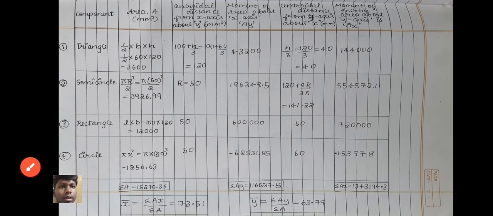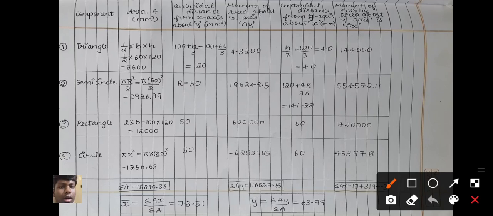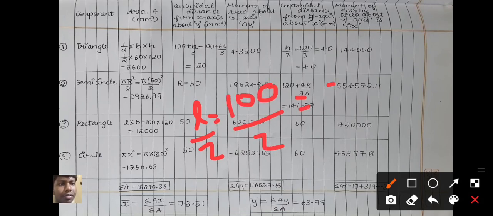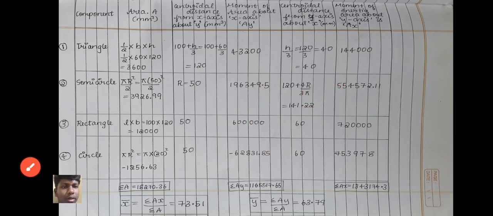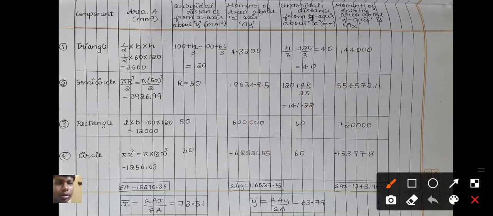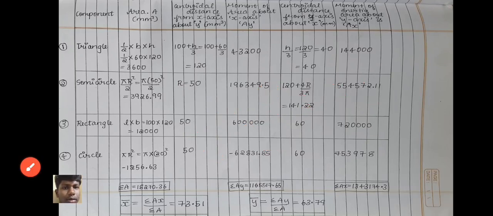And the centroidal distance from the x-axis about y for a rectangle is none other than length by 2, that is 100 divided by 2, that will be 50. This is where we have got the 50. This is the 50, right?